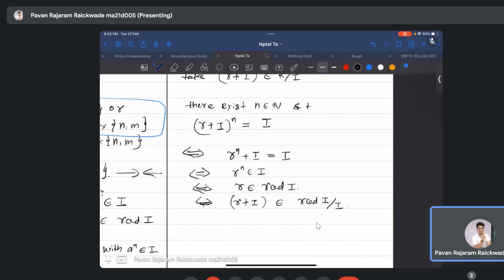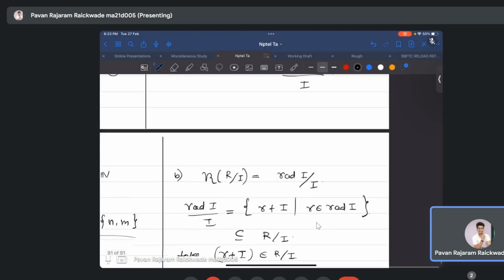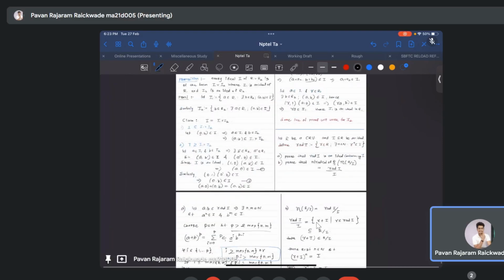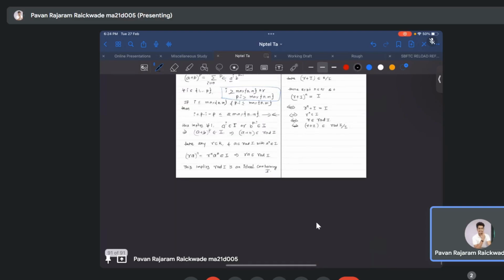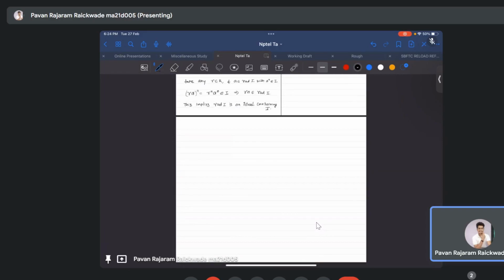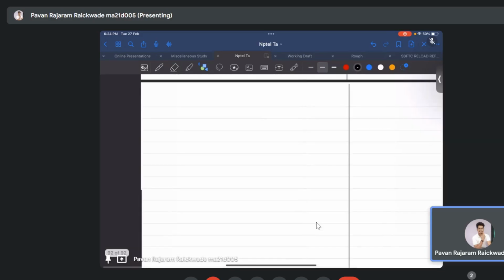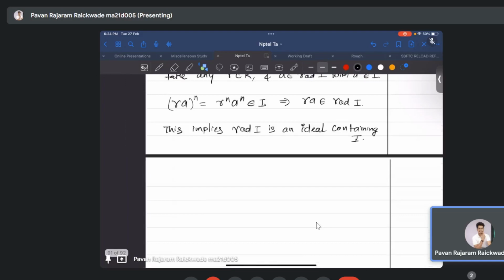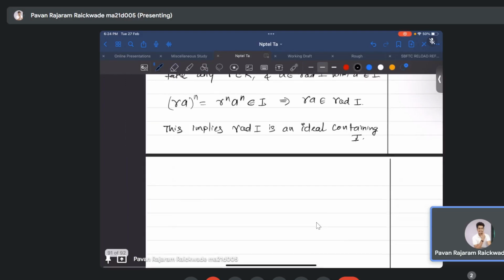So I have shown that the nilpotent elements are precisely rad I quotient I. Okay, this part B was very trivial, easy. Now, next question.